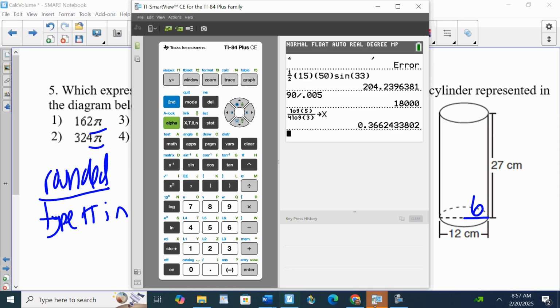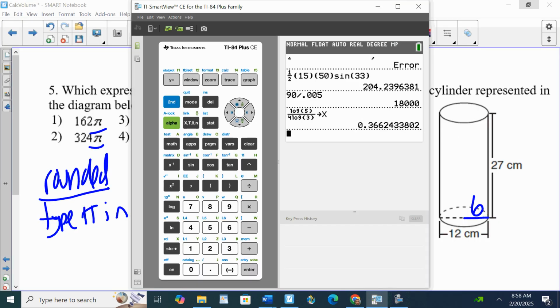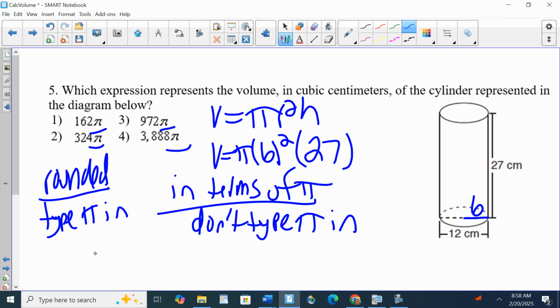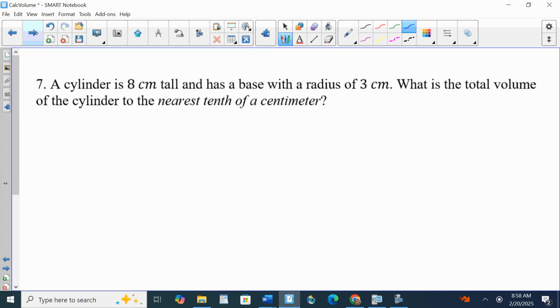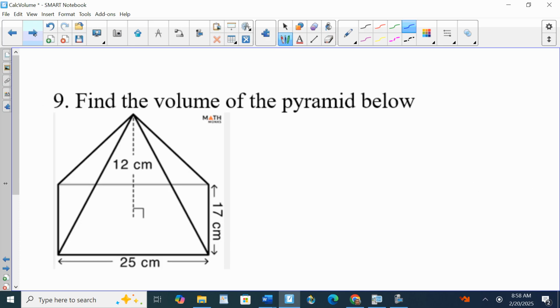But when I go to my calculator, I'm not going to write pi times 6 squared times 27. I'm just going to go 6 squared times 27. 972. So V equals 972, and then pi. If we're doing it in terms of pi, don't type pi into the calculator, but there will be a pi in the answer. We'll come back to the rounded later on when we get to the cone.